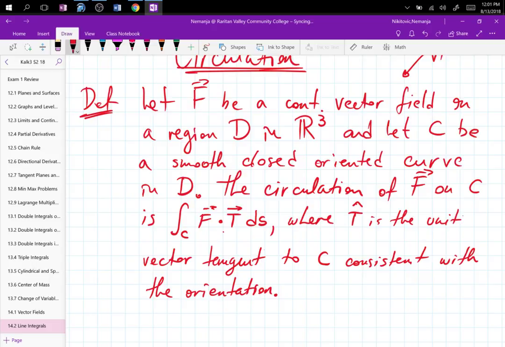This has a lot in it, but it's at least the first out of two concepts for circulation.